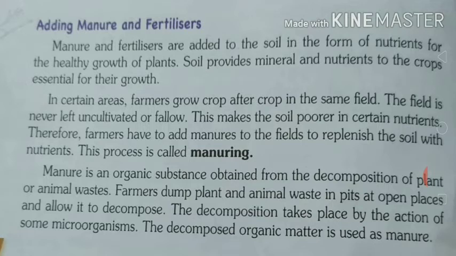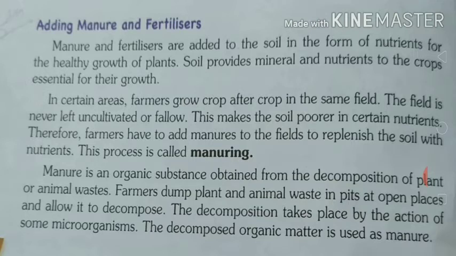Due to this, the soil becomes infertile after some time and the crop yield decreases. So, unless the depleted plant nutrients are put back into the soil from time to time, the growth of crops would be poor. The deficiency of plant nutrients and organic matter in the soil is made up by adding manure and fertilizers to the soil.